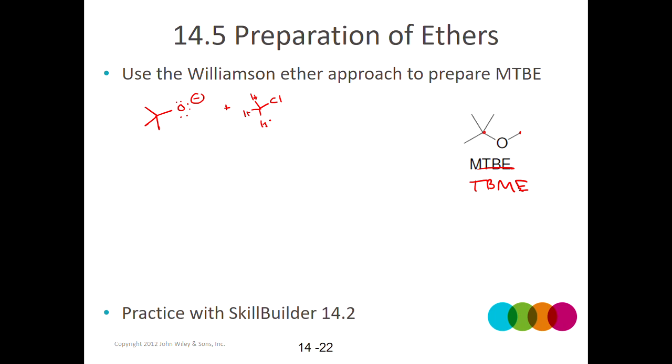Or I could consider keeping the oxygen connected to this carbon the whole time, and having it attack the other carbon. And so now hopefully you're seeing why one of these strategies will work and the other will not.